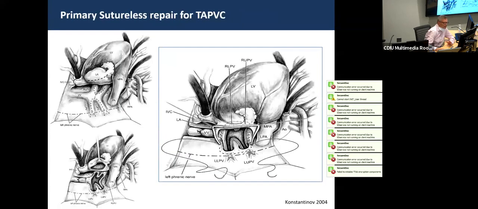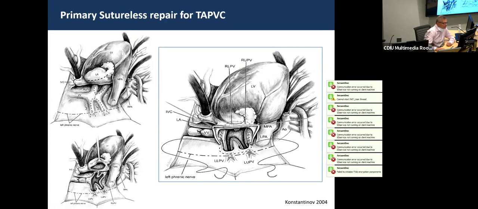And this is an example of it here, the more detailed anatomical description. You can see that in this case, we've made the incision into the pulmonary veins, the left upper pulmonary vein, the left lower pulmonary vein, and then the opening in the left atrium.